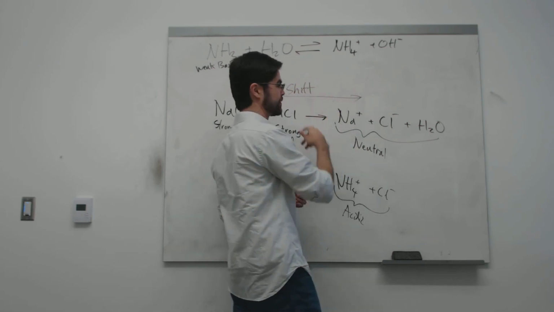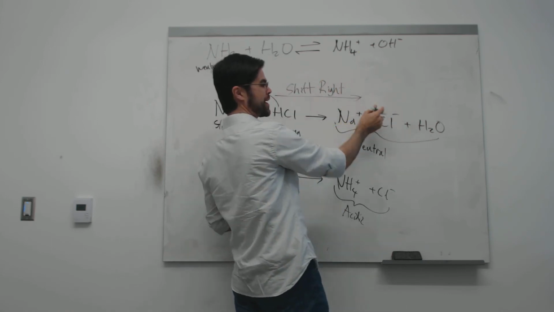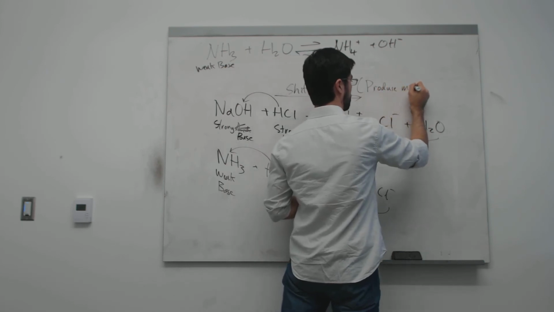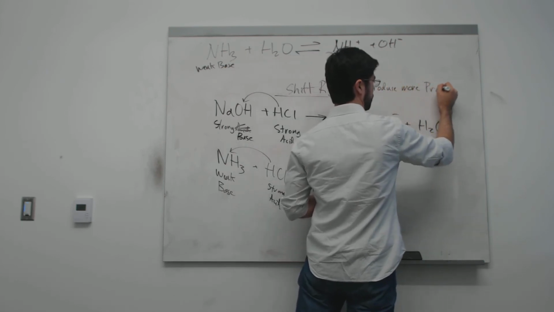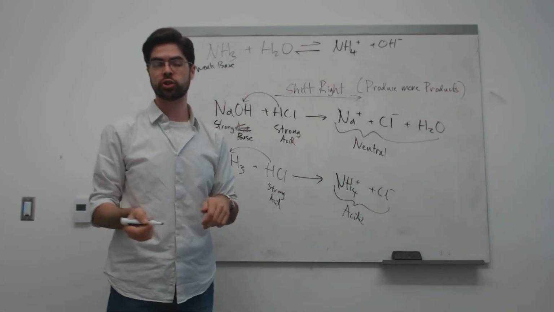Let's say I shift right. If you shift right, that means produce more products, meaning their concentration should increase.